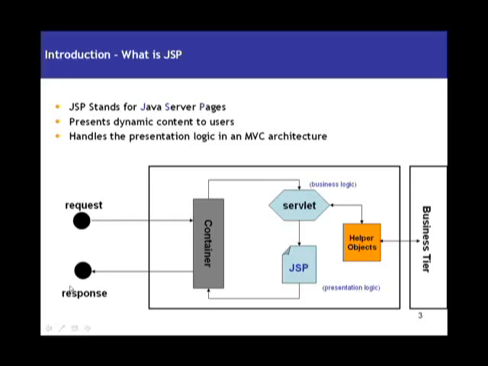So this is how your control flows in a web application with both servlets and JSPs in the picture, right? And this is the role that is played by the servlet and the JSP. So basically the role of servlet is to take the request and perform all the business logic processing and send the request to the JSPs, which will take care of the presentation logic and send back the response to the user.